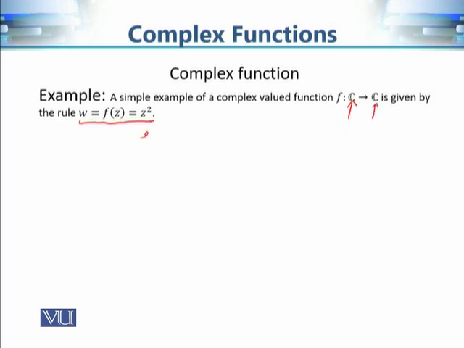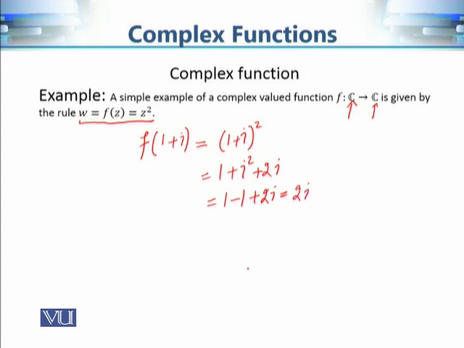If I consider the image of, let's say, 1 plus i, then it is going to be (1 plus i) square, which is equal to 1 plus i square plus 2i, that is 1 minus 1 plus 2i, which is equal to 2i. That's how we calculate the image of any complex number in this case. Similarly, we can take any complex number, square it, simplify it, and we will get its image value.